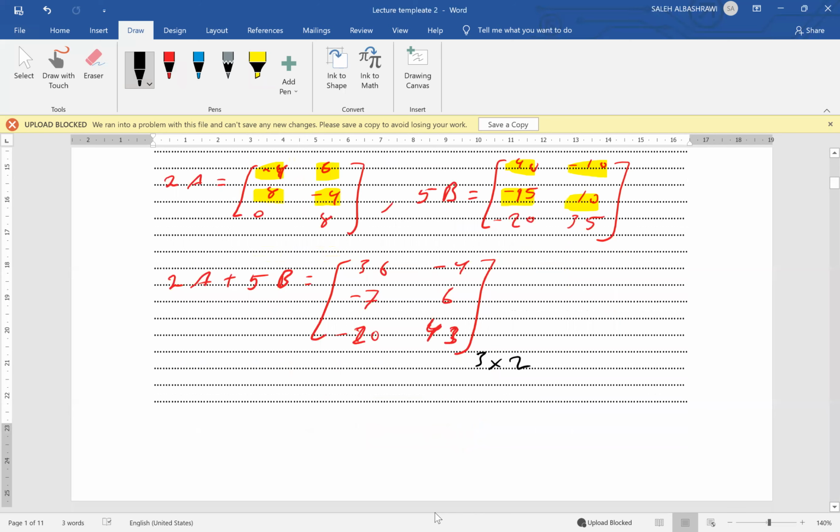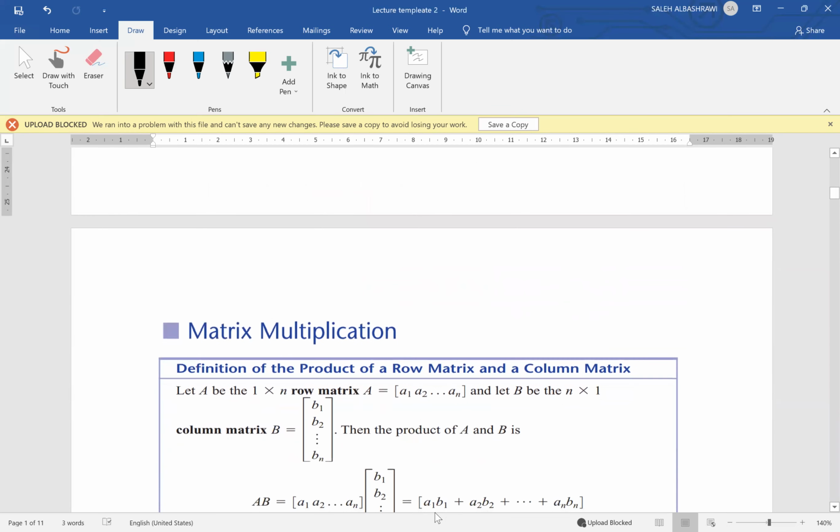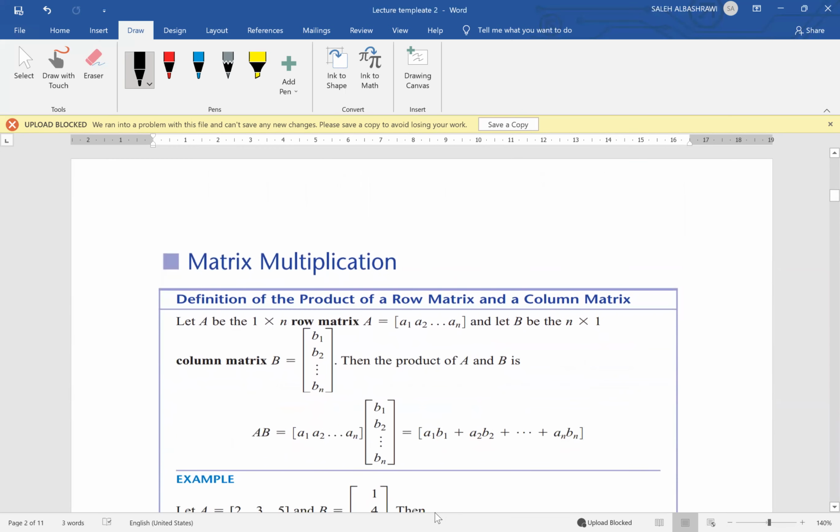Next point will be the product of the matrices, matrix multiplication. If we have a row matrix with a column matrix, suppose that we have a matrix A of size 1 by n, which is a row matrix, and let B be n by 1, a column matrix.